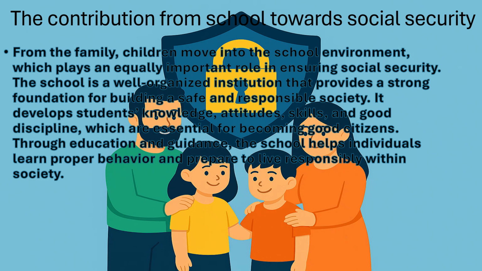It develops students' knowledge, attitudes, skills, and good discipline, which are essential for becoming good citizens. Through education and guidance, the school helps individuals learn proper behavior and prepare to live responsibly within the society.